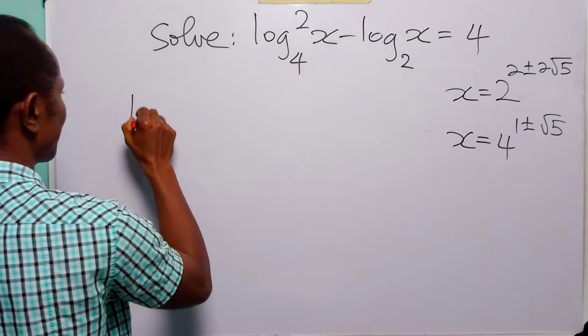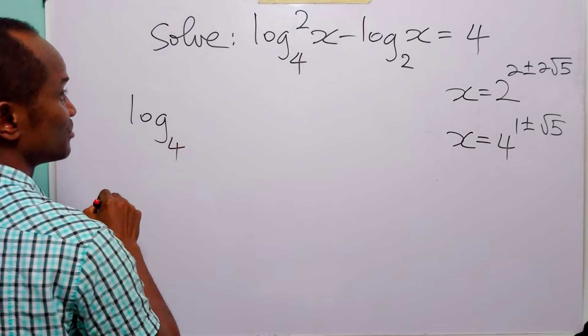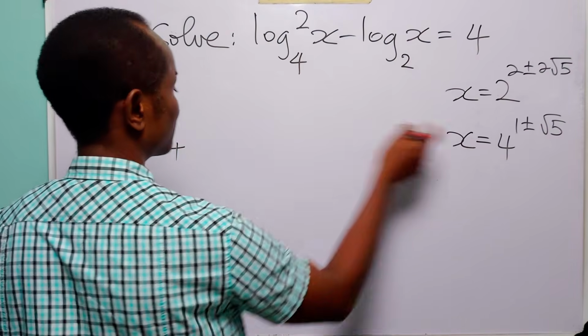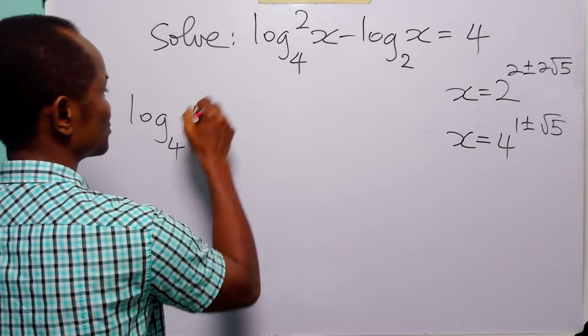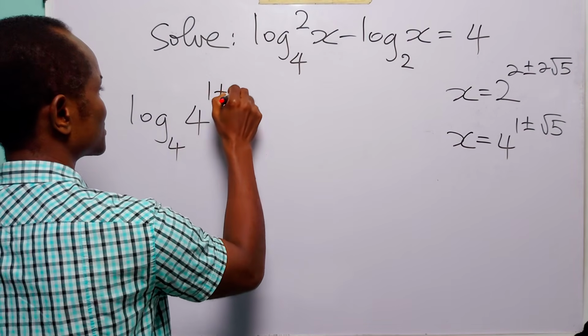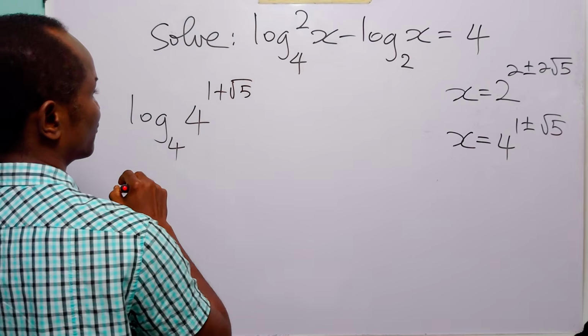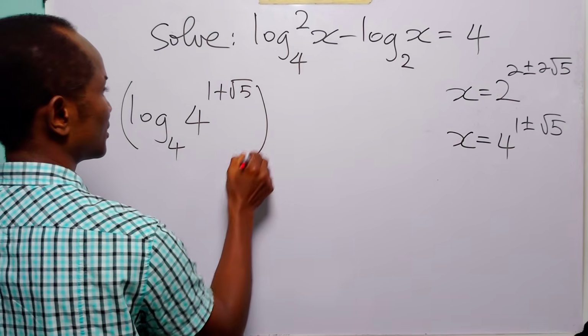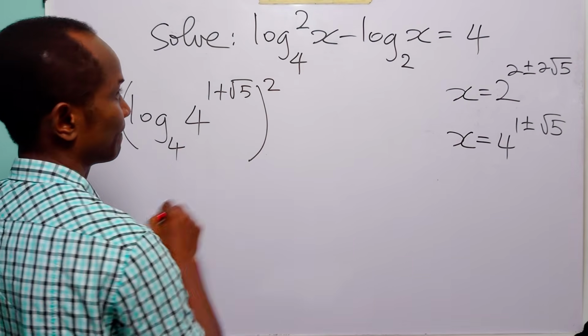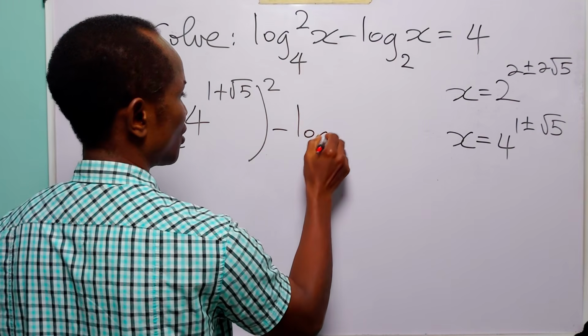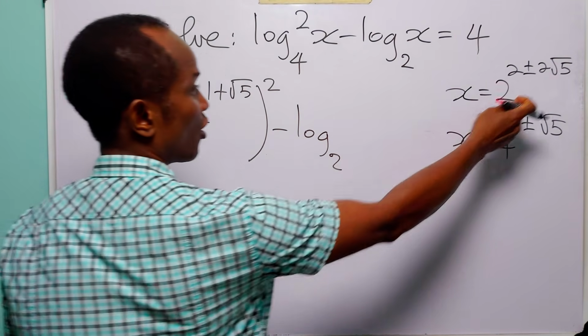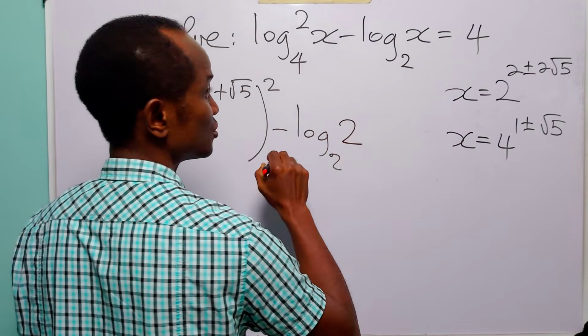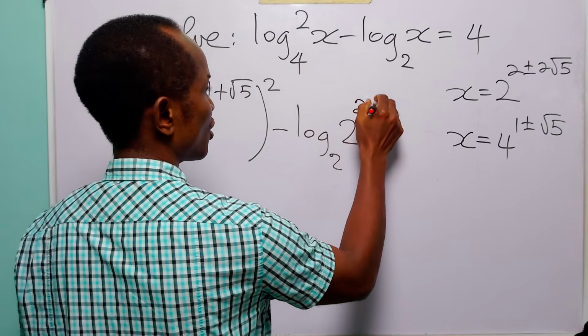We have log to base 4 of 4 to the power 1 plus root 5, all squared, minus log to base 2 of 2 to the power 2 plus 2 root 5.